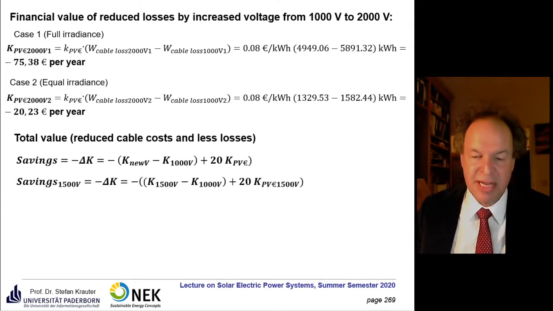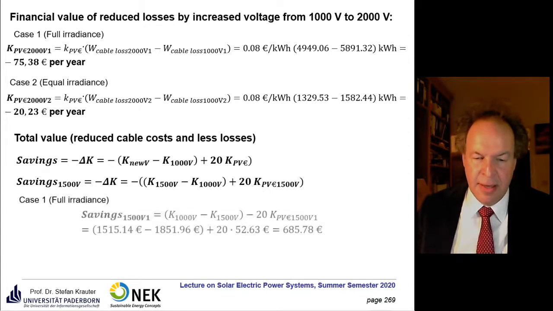It will be a negative cost, but here's a positive cost, and then we put a negative value in here. Let's start with the 1500 volts option. The cost of 1500 volts is a bit higher than 1000 volts, so it's a positive value, and here we have savings. Negative cost is a negative value.